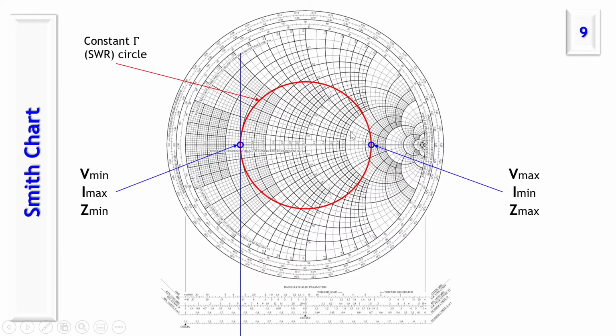In this rotation, we'll come to a point where the impedance is maximum and a point where the impedance is minimum. The right side of the horizontal axis is the location for maximum impedance, which corresponds to maximum voltage and minimum current. And the left side of the horizontal axis is the location for minimum impedance, which is the minimum voltage and maximum current.